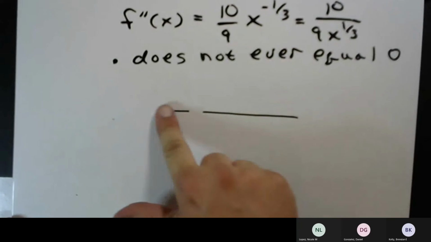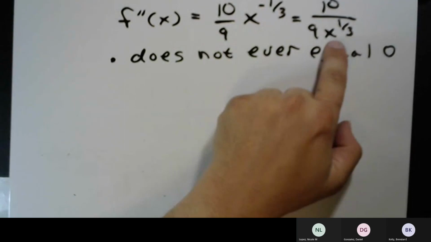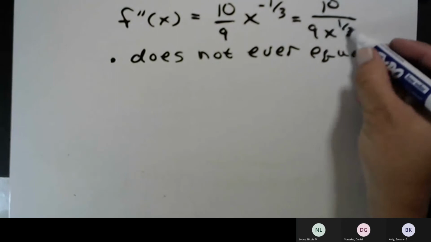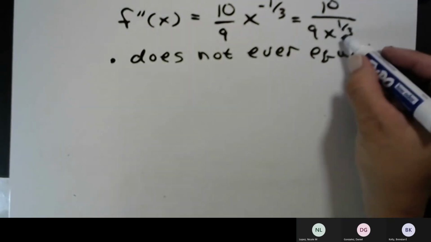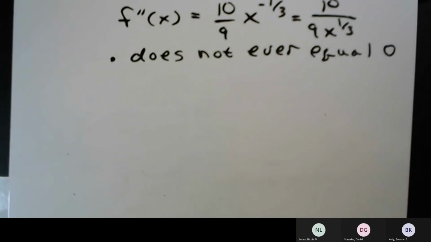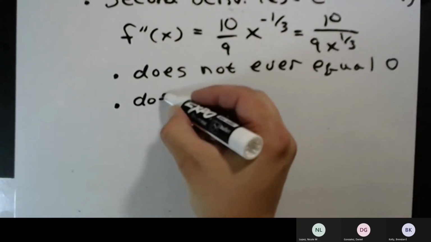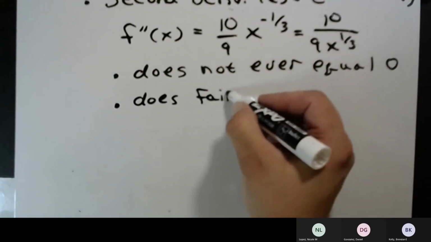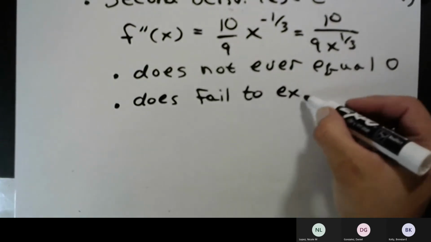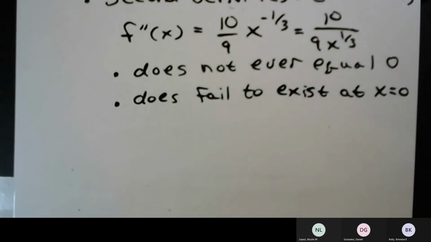So x to the 1/3 is only 0 when x is 0, just this part right here. But because it's in the denominator, if you put in x equals 0, you're going to get division by 0. So what that means is it does fail to exist at x equals 0. In that case, that one doesn't go.